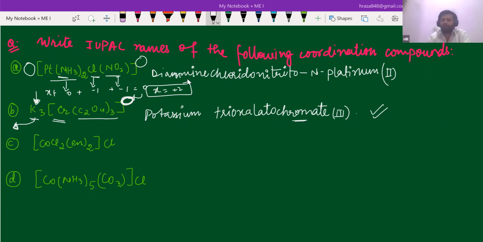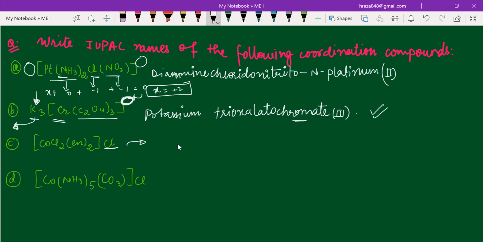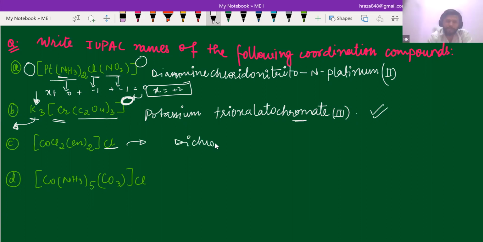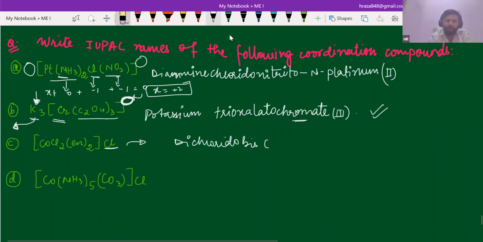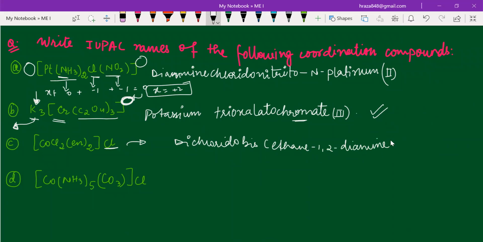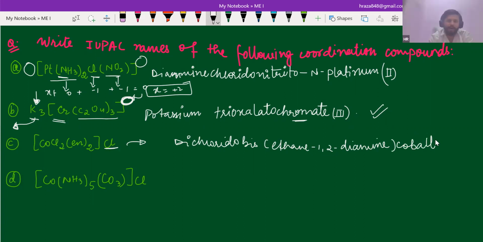What is the name you have written, Alan, for this? Dichlorido bis ethane-1,2-diamine cobaltate chlorido. Wait a minute. Dichlorido bis ethane-1,2-diamine, then cobaltate or cobalt?